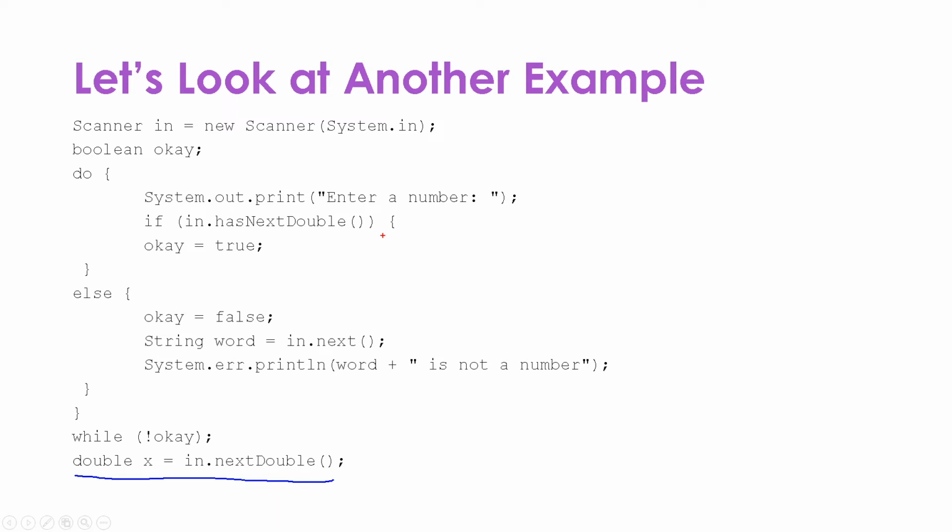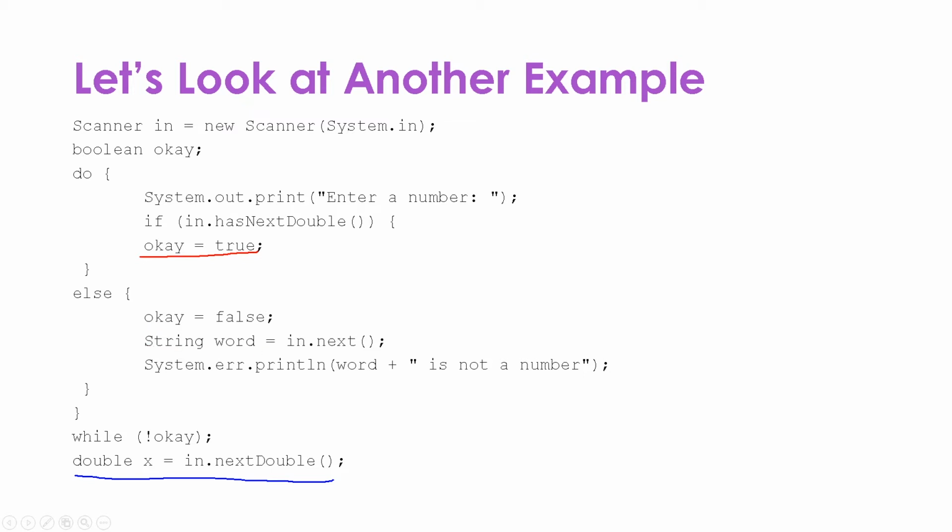We're looking for a double here. And if n dot has next double, we're going to set the value of OK to true. However, if our scanner doesn't have a double, we're setting the value of OK to false.